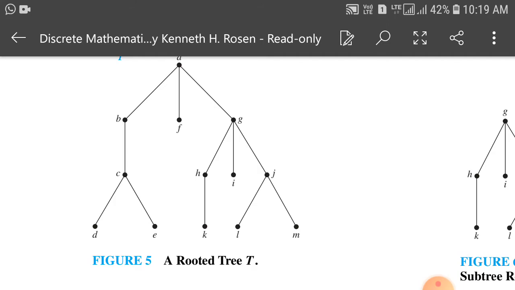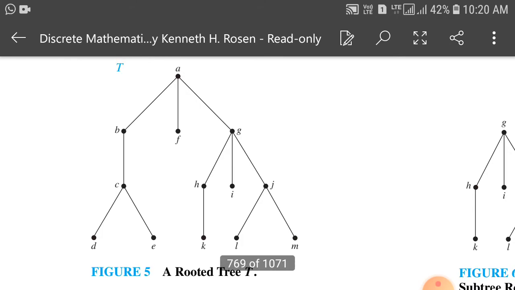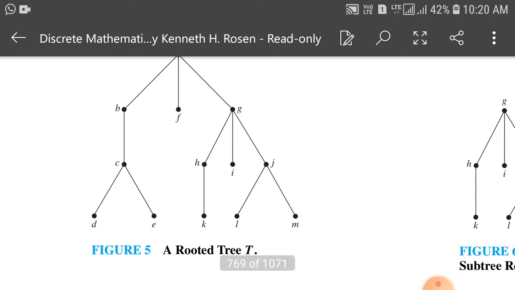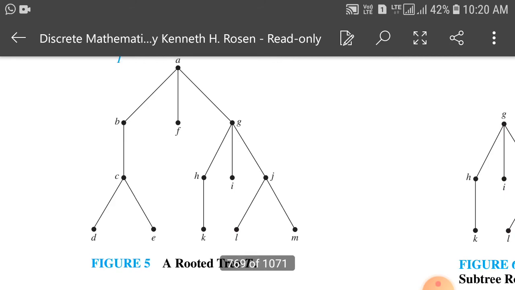That's why they are not internal vertices. A vertex is internal only if it has a descendant.